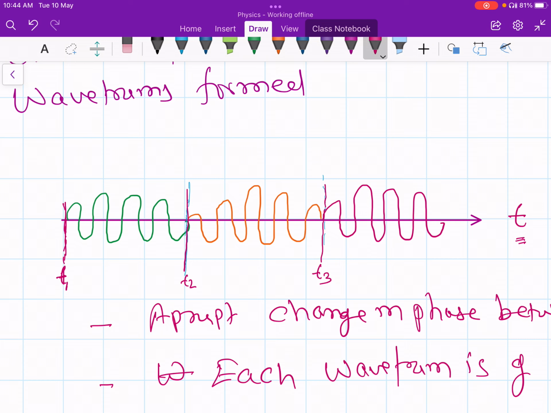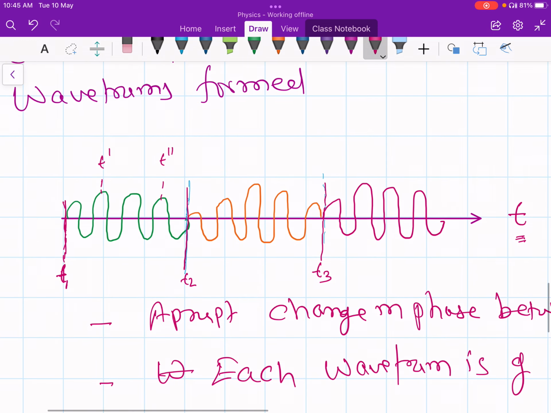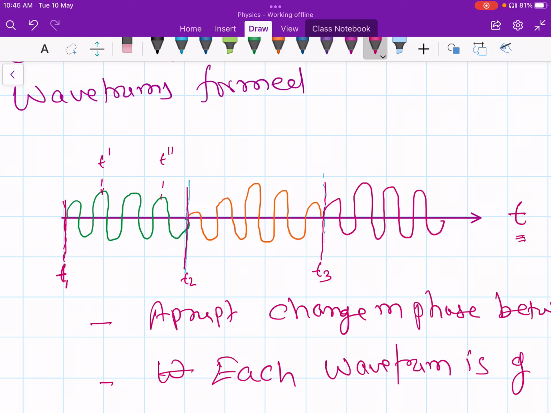or wave train. Suppose at some instant the time is t dash, and at some later instant the time is t double dash. Then, if you know the phase at instant t dash, you can easily predict the phase at the later instant t double dash. This is possible only when the difference between these two instants is less than the coherence time.